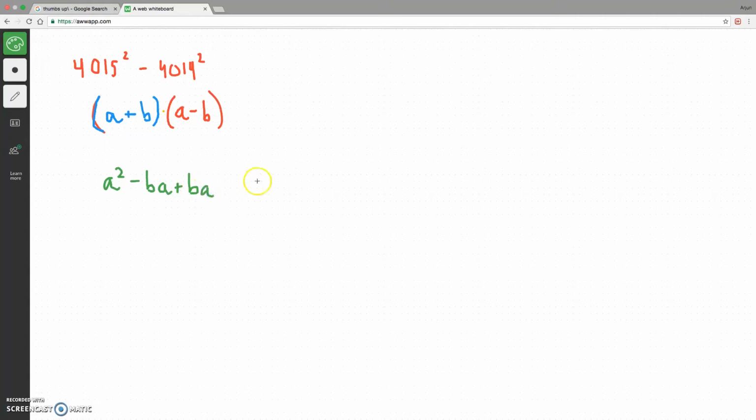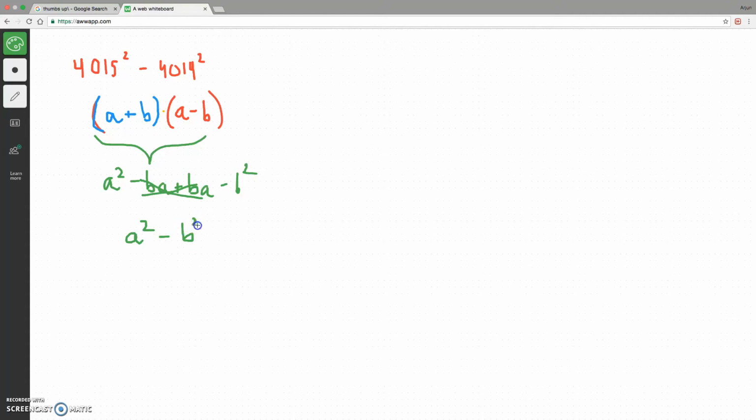And b times negative b is negative b squared. Now we simplify the equation. Negative ba plus ba is nothing but 0. There's no need for that. What we're left with is this whole equation right here simplifies to a squared minus b squared.